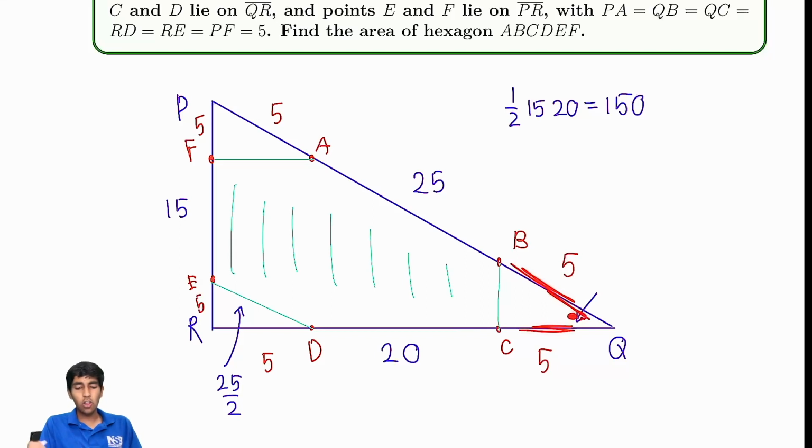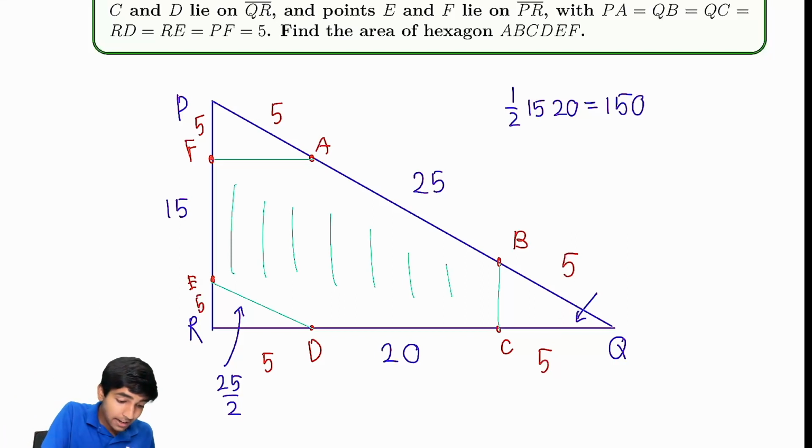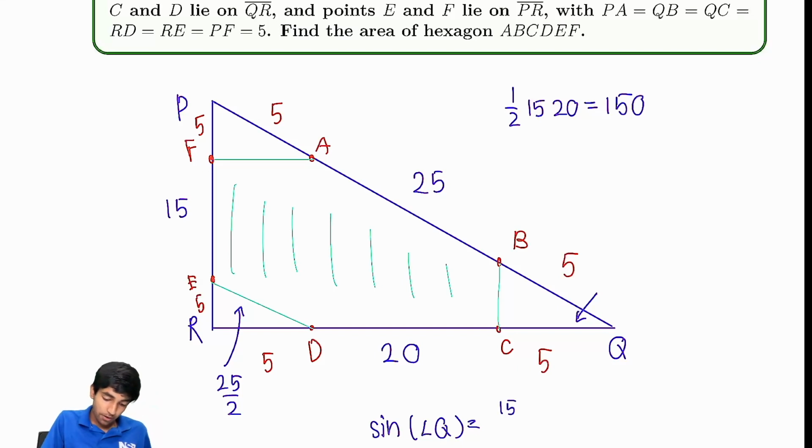If we knew this angle, we could just use half ab sine C. Do we know this angle? No. But we do know the sine of this angle. Sine of angle Q is opposite over hypotenuse, 15 over 25, 3 over 5. So the area of this, let's color code this.